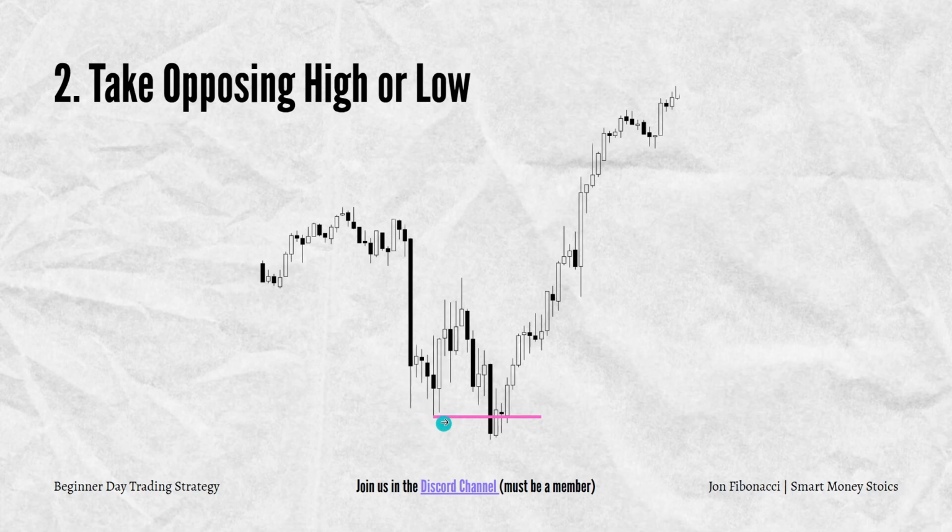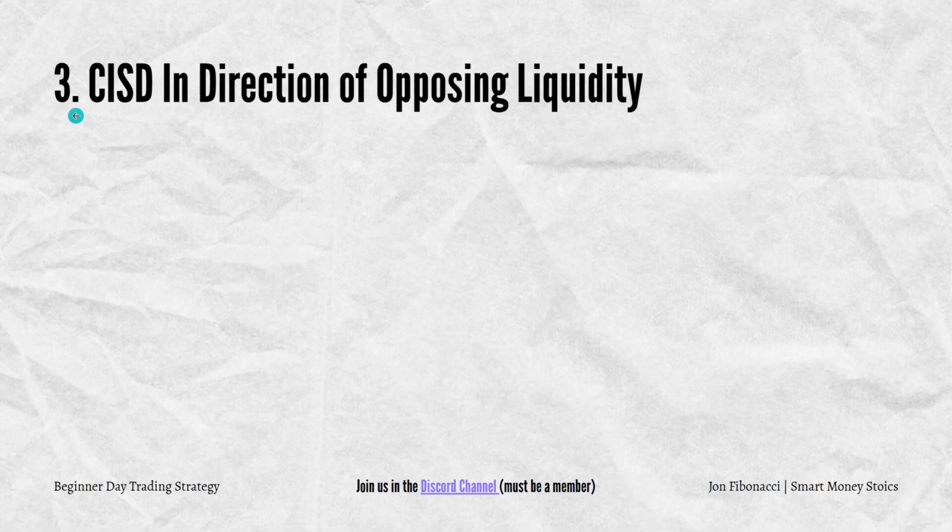This low right here was taken here, and that's what we want to see, because traders might think that the low has been set with this retracement higher, and they're going to try to long a retracement on whatever tool that they decide to use, and stops are going to go to that low and a little bit below it. Then you see the market attack that, and that's what we want to see.